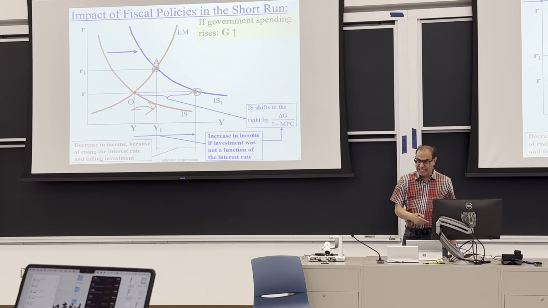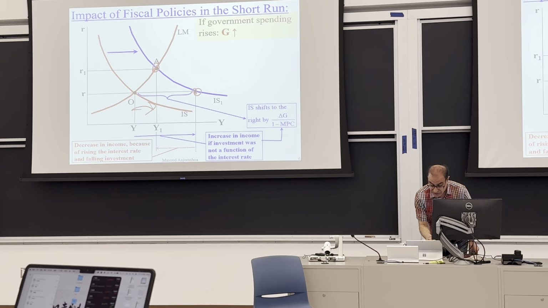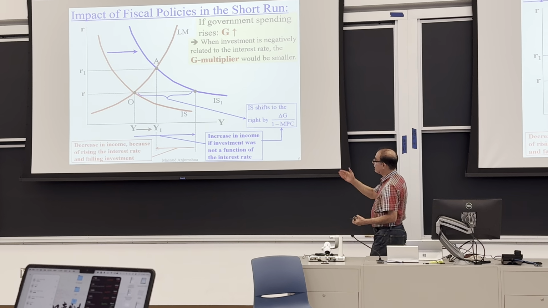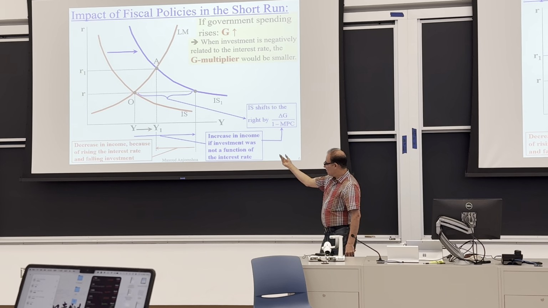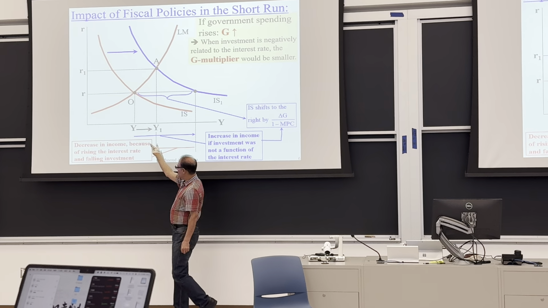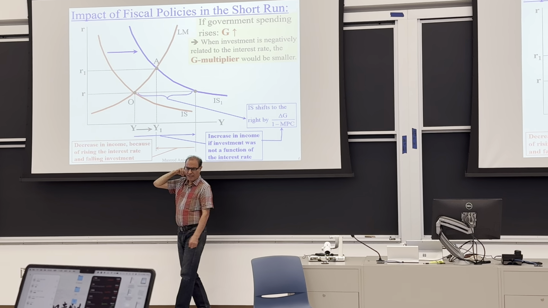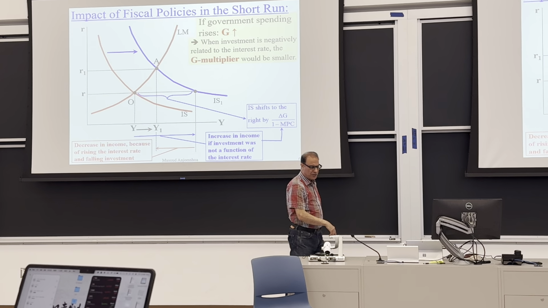So it means the net effect is smaller than the previous case in chapter 11. Okay, so it means what? It means when the interest rate is not fixed, the interest rate is changing and investment is a function of the interest rate, therefore the G multiplier is smaller. Can you see that? It's smaller. Why is it smaller? Because part of the increase in output is offset by the reduction in investment.